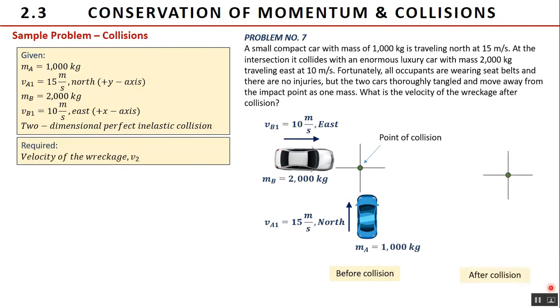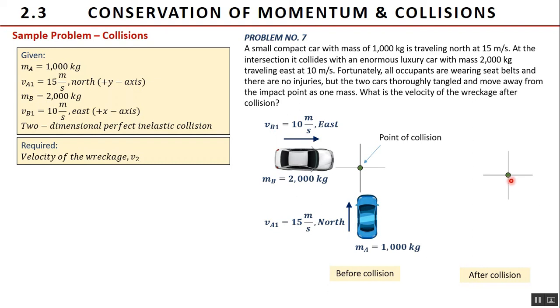So after collision, what do you think will happen? In what quadrant will they move as they collide? Is it on the first quadrant? Or maybe on the second quadrant? Come on, think. Do you think the cars will move on the third quadrant? I guess not. That is close to impossible. How about on the fourth quadrant?